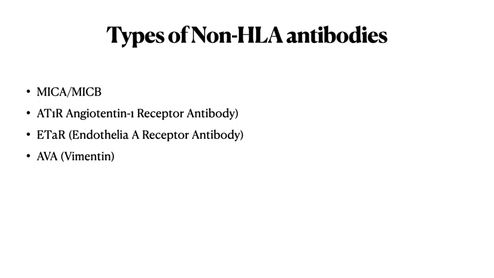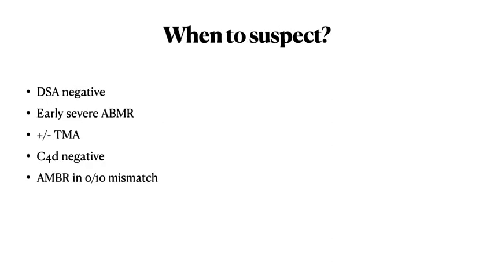And types of non-HLA are MICA, MICB, angiotensin 1 receptor antibody, endothelin A receptor antibody, and vimentin. A few more, but these are the common ones. So when to suspect is when the DSA is negative, when you have early severe ABMR with or without TMA, C4d is negative, and ABMR in the presence of a 0 mismatch.